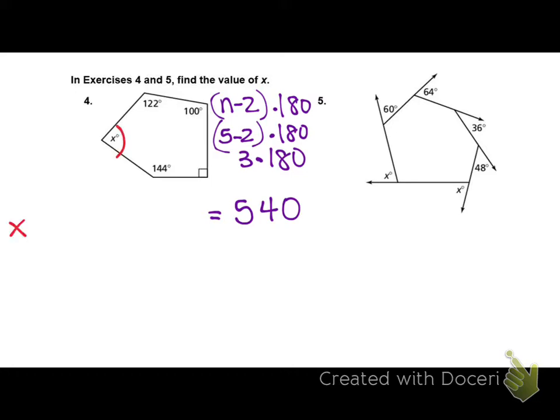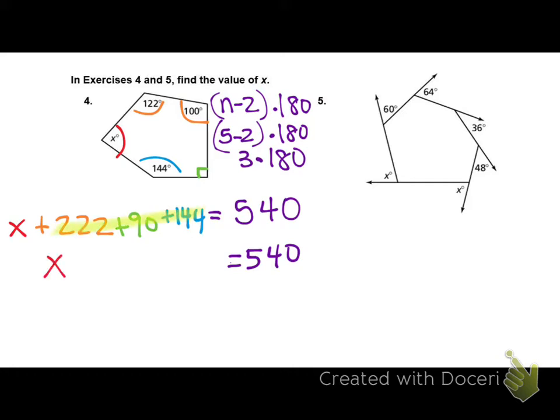We'll add all the angles. We've got x. We've got 122 and 100. I'm just going to combine them to 222, because why not? Plus 90 plus 144. Bless you. I blessed you before.